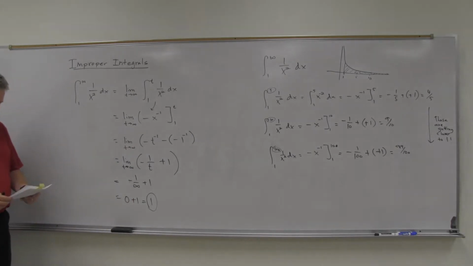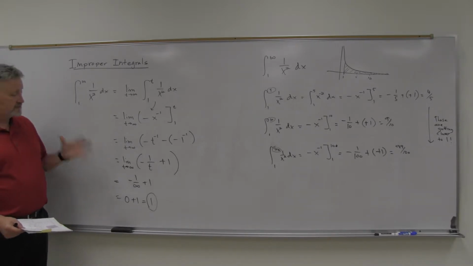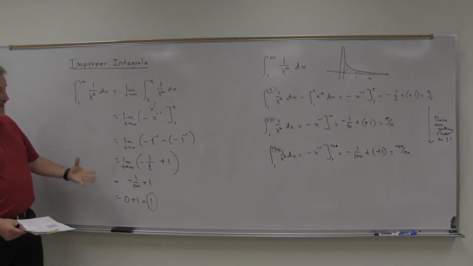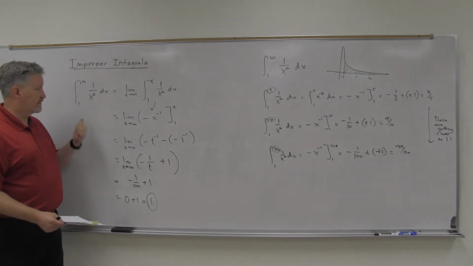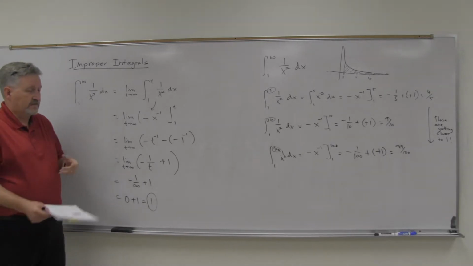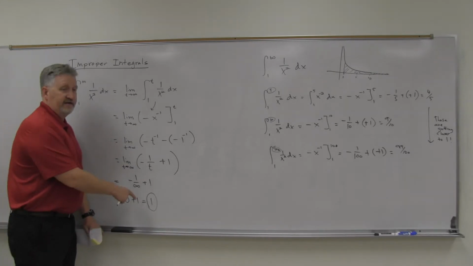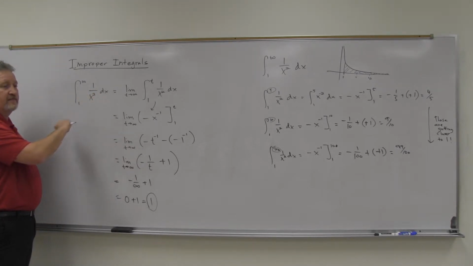Okay? So that is how we're going to attempt to do those. Now, a couple of points. First of all, with these improper integrals, sometimes we may not get a number, we may get infinity. You may get an answer for an integral to be infinity or negative infinity, or it may not be a number. But if we do get a fixed number, we say then for these type of integrals, they converge.